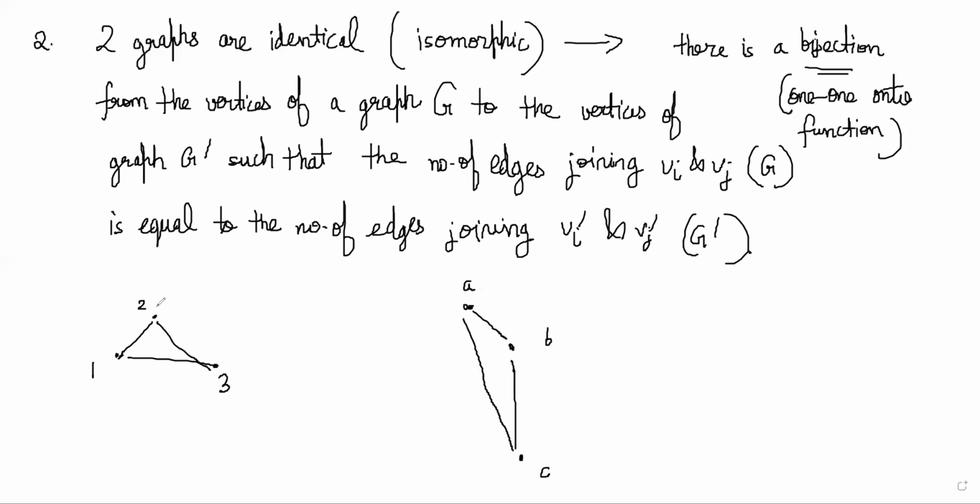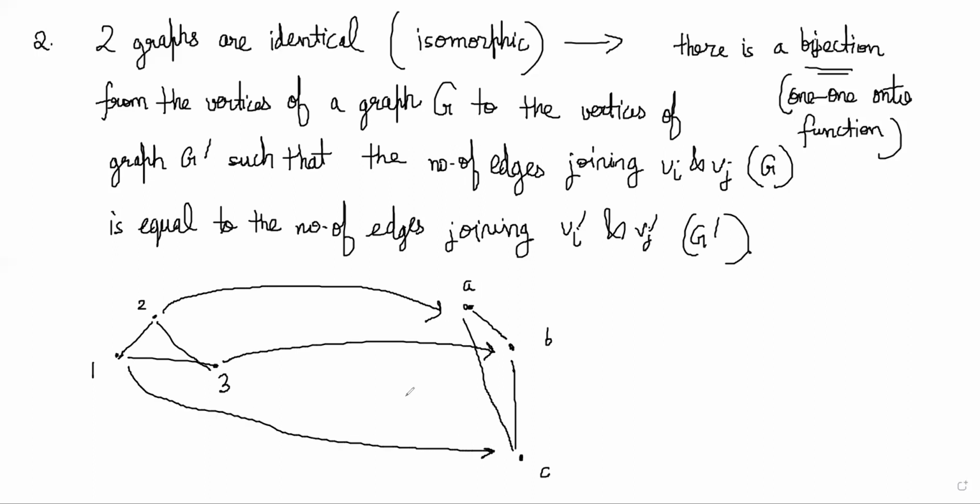Now I can say that there is a bijection from this graph to this graph. A bijection is a 1-1 onto mapping, so every vertex of graph G can be linked to a vertex of graph G dash. So 1 is linked to C, 2 is linked to A, and 3 is linked to B.